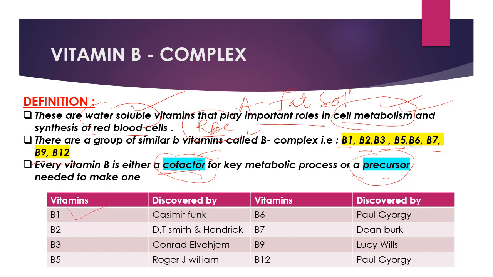Vitamin B1 was discovered by Casimir Funk, B2 by D.T. Smith and Hendrick, B3 by Conrad Elvehjem, B5 by Roger J. William, B6 by Paul Gyorgy, B7 by Dean Burke, B9 by Lucy Wills, B12 by Paul Gyorgy. Paul Gyorgy has discovered two vitamins, B6 and B12.